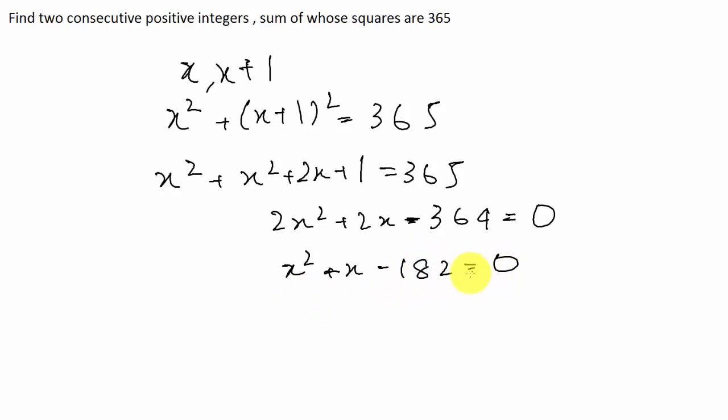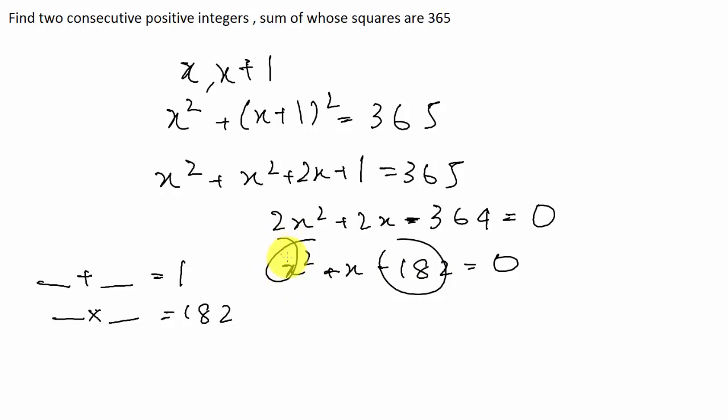Now we need a sum of two numbers as 1 and product as 182. Now how did I get this? This part. This should be your sum, and this into this must be your product. This is minus.